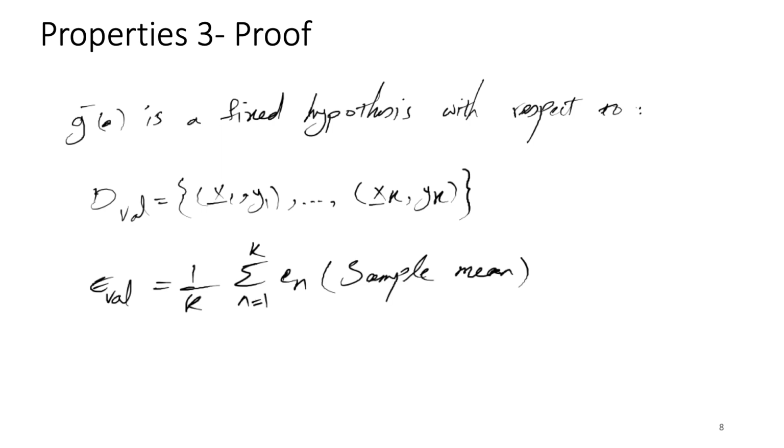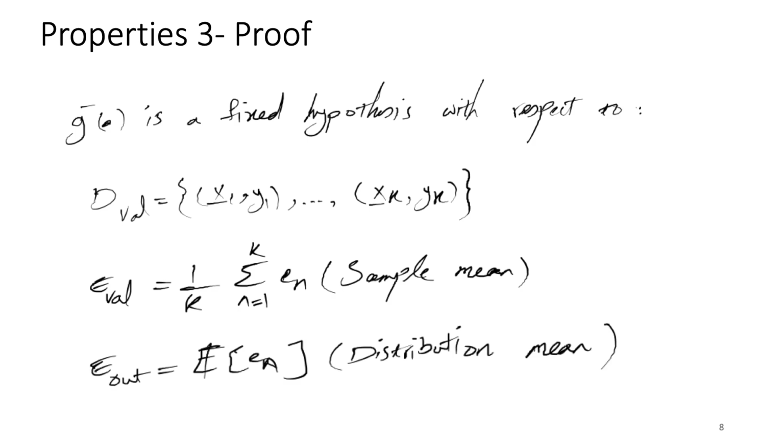Okay. And validation error was computed as we saw already, so the e_n over the sample mean, and we knew that out of sample error, the real test error, was the expected value of e_n, right?